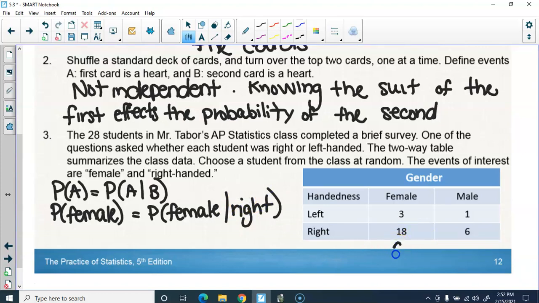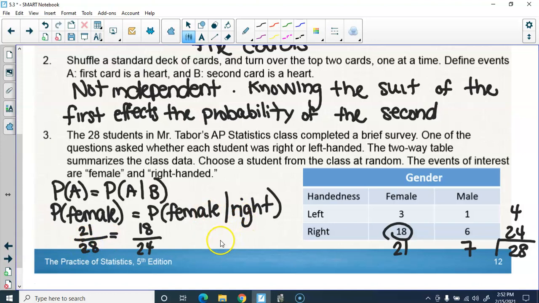So let's get all of our totals here, and a total of 28. So for the probability of being female, we have 21 over 28. And the probability of female given right, so that's where we use the 18, the intersection there, and divide by the total of the one that's given, which is 24. Oh, I said 28 and wrote 24.